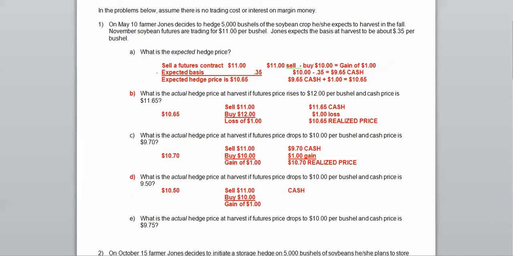Cash price is $9.50. We add the gain, $1. $9.50 plus $1 is $10.50.